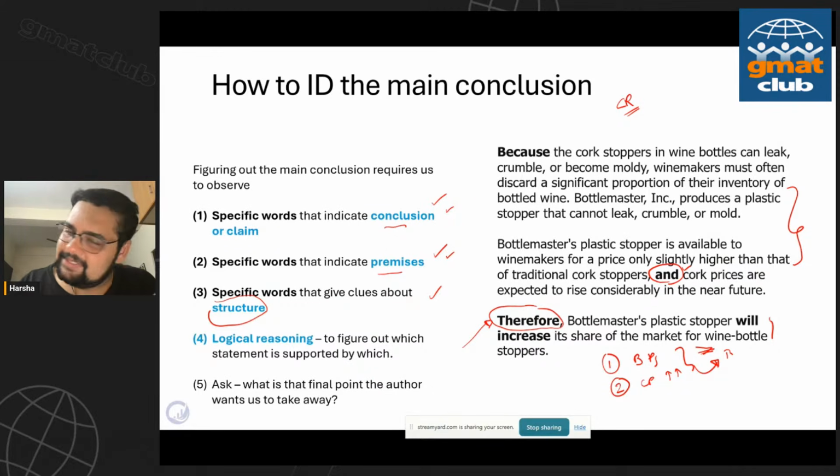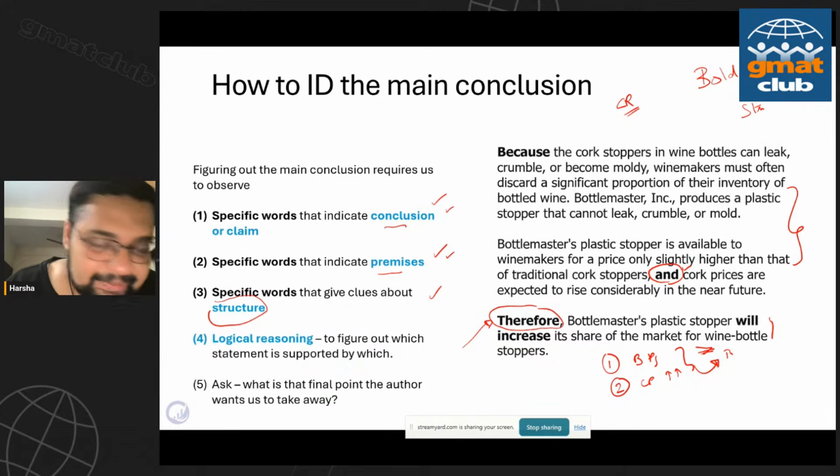Now, these words are all fine, but sometimes you can't rely on just words, because sometimes intentionally you'll have the word and it's not a conclusion. You'll have that word and it may not be a premise. Be very careful. At the end of the day, irrespective of the fact that you're dealing with a boldface question, which is predominantly a test of structure, you have to read the subject matter.